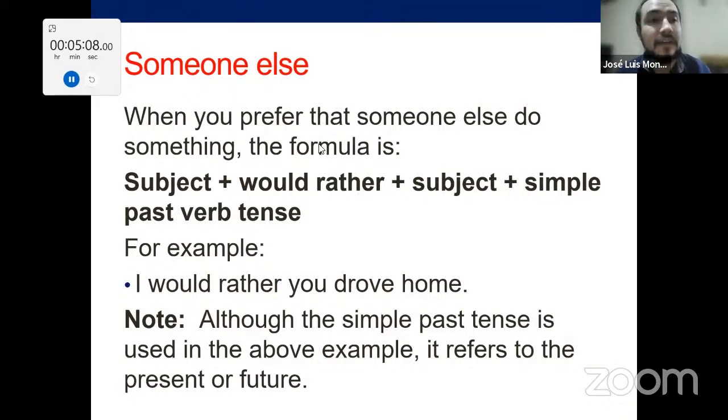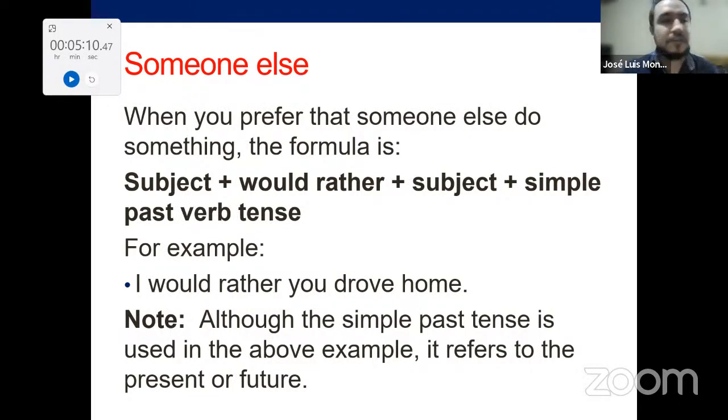Okay, so we have the 4 minutes plus the 1 extra minute, so 5. So we should have these 4 elements, right? So let's remember 2 affirmative sentences using would rather plus another person, because you want that person to do something for you.